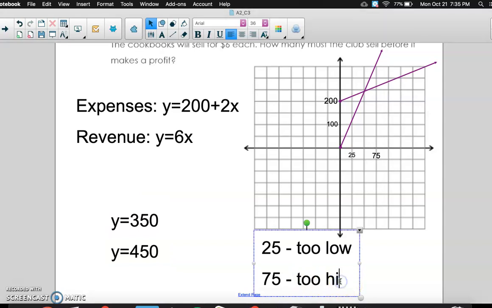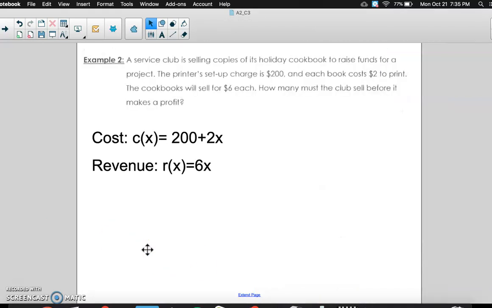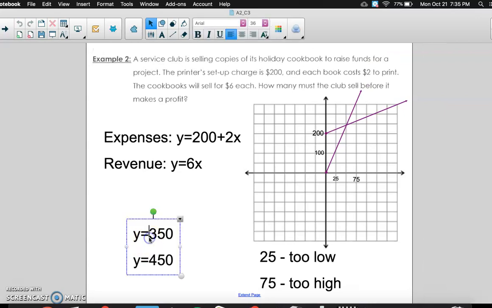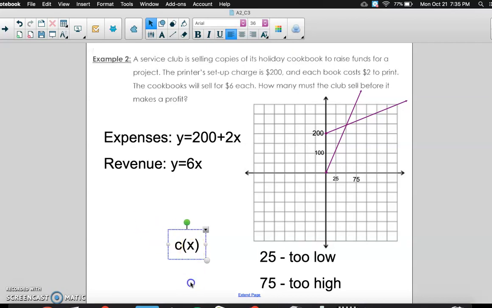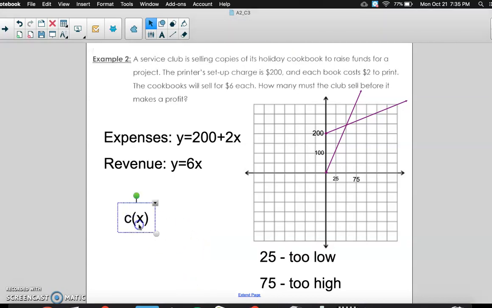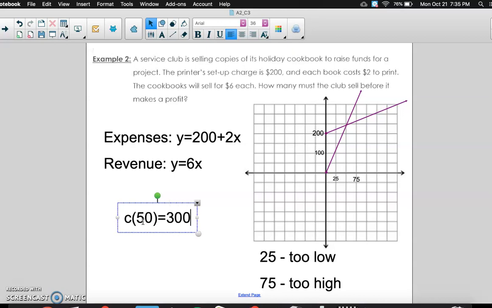And if you don't automatically see it on the graph, it's a little bit like the Goldilocks idea, either too low, too high. So obviously, the nicest number is going to probably be that one in the middle at 50. And when I plug that in for my expenses, I get cost. I'll even put it in my function notation. Cost when I plug in 50 books is going to equal 200 plus 100, that's 300.